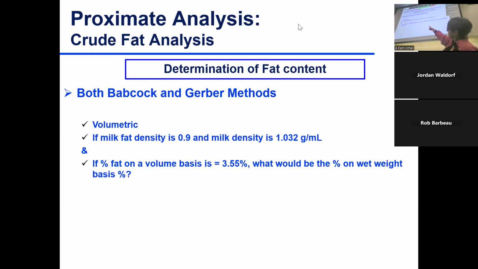And you determine the volume of fat percent is 3.55, which means 3.55 milliliter of fat in 100 milliliter of milk. What would be the percentage on what weight basis? Weight. So that means weight by weight. Okay, so think about it for a second.